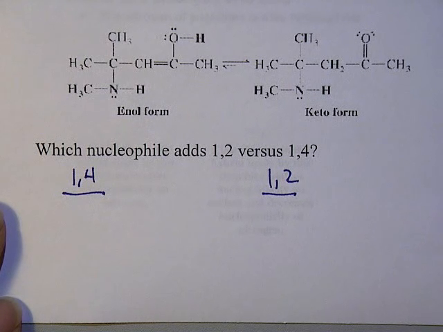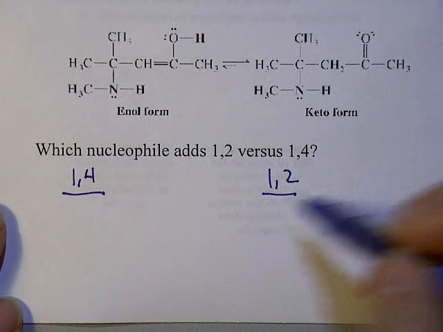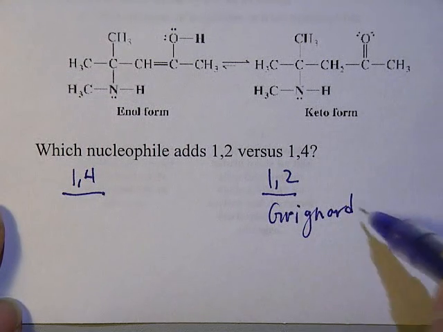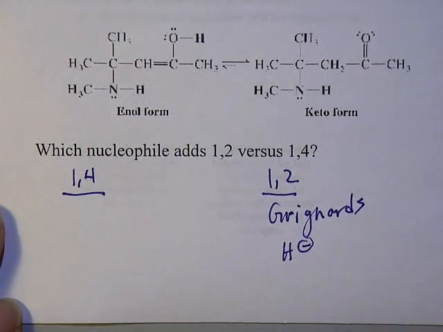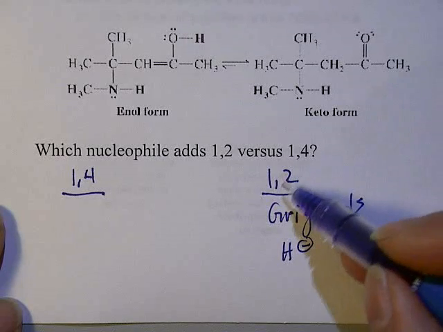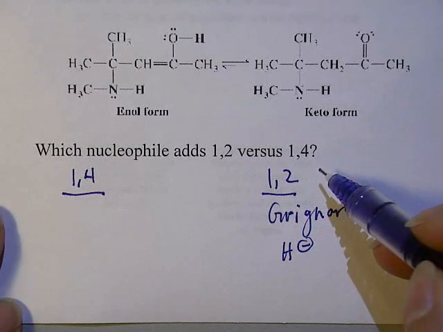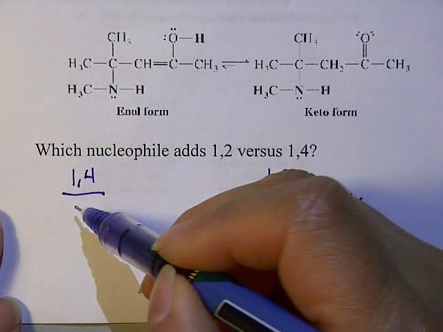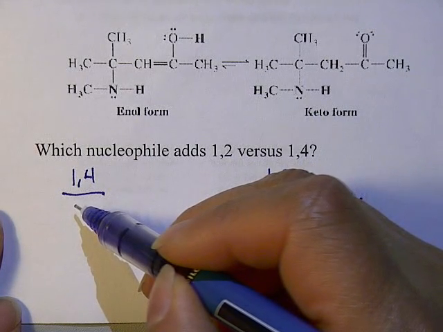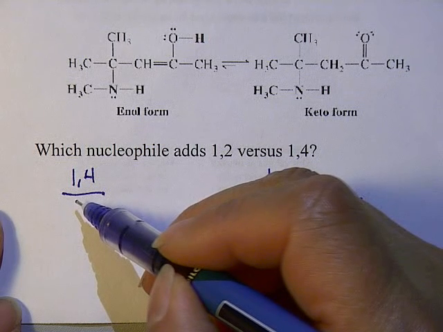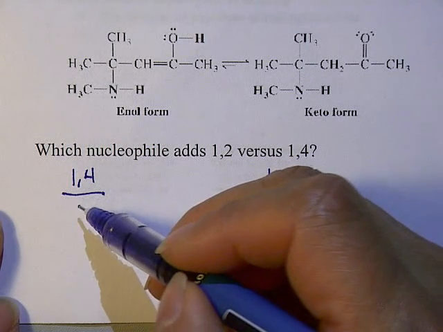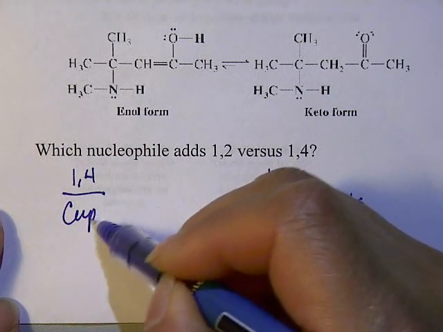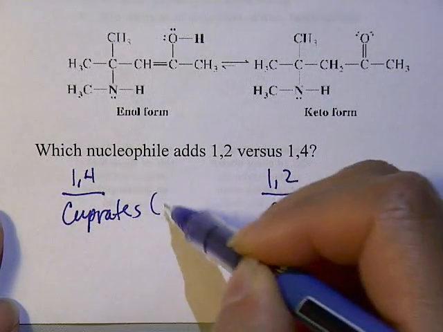All right. So it turns out that Grignards, nucleophiles and hydrides tend to attack directly at the C double bond O carbon. Whereas the nucleophiles that are a little bit not as hard, such as cuprates, you've seen these before.